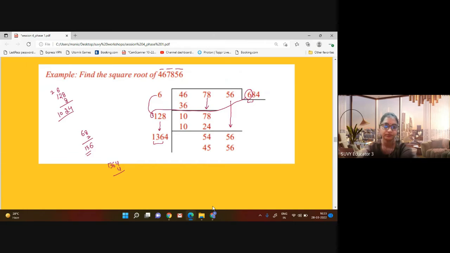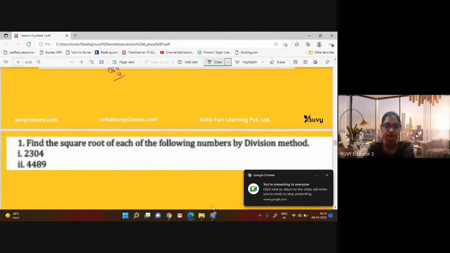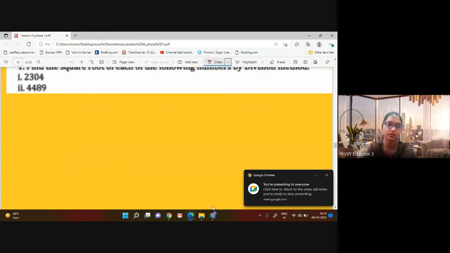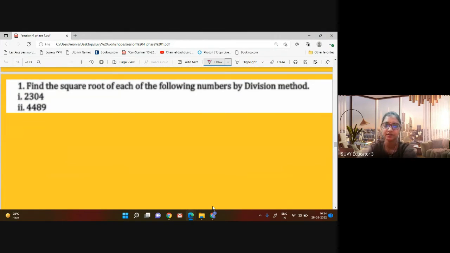Any doubt? Any confusion? Any query? Okay, just have a look. That was just an example. Let's start solving. We have to work upon 2304, right? So you will make pairs and we will start dividing. Agree? In this way?